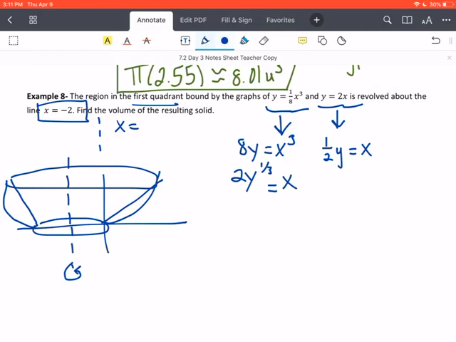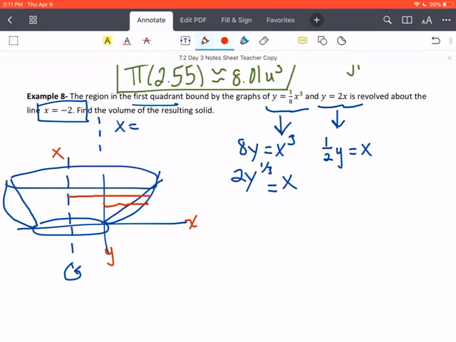Now, when I think about what my radii are, I'm drawing from the axis of revolution to the faraway function. And I know that this chunk right here is defined by the function because I go to the axis that it belongs to.